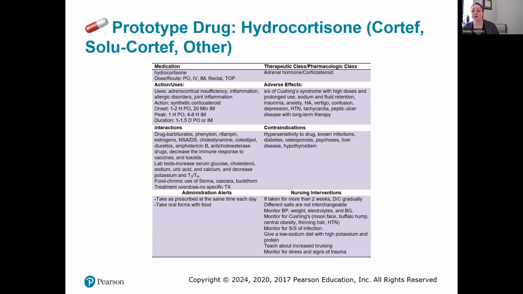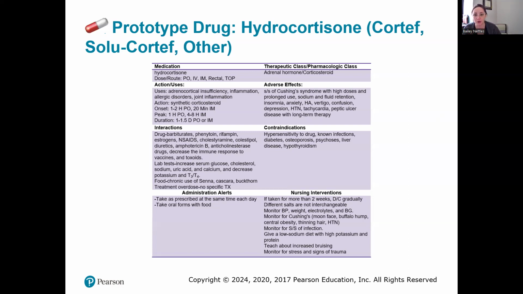Okay, so this is PO, IV, IM, rectal, or topical. It's a corticosteroid, so you can have lots of different routes. It's for adrenocortical insufficiency, inflammation, allergic disorders, joint inflammation. It's a synthetic corticosteroid. So the biggest side effect, what we want to watch out for, is Cushing's, which is the opposite of Addison's.